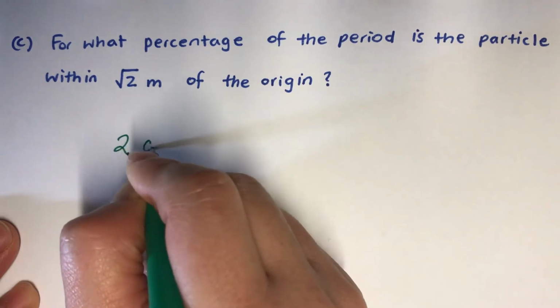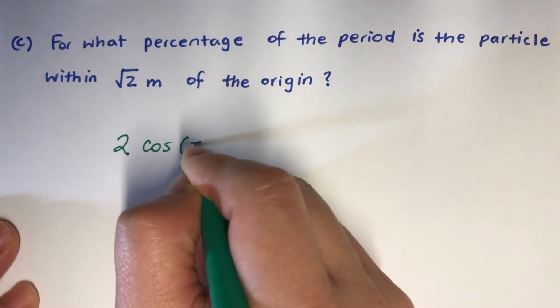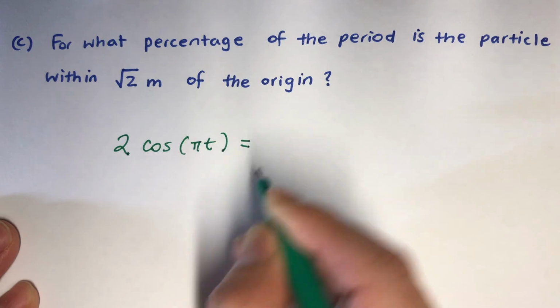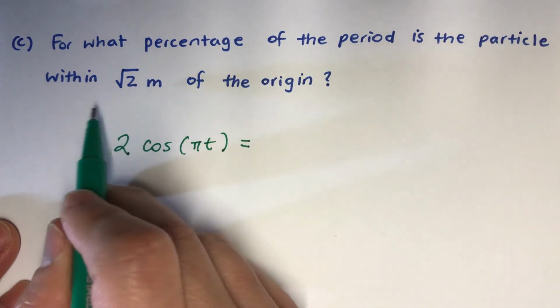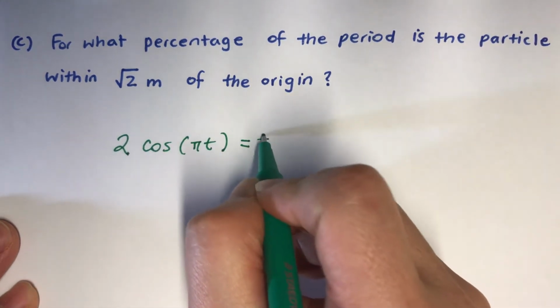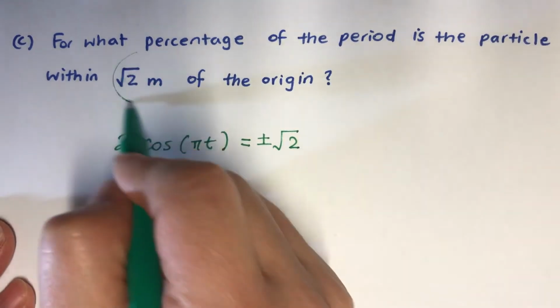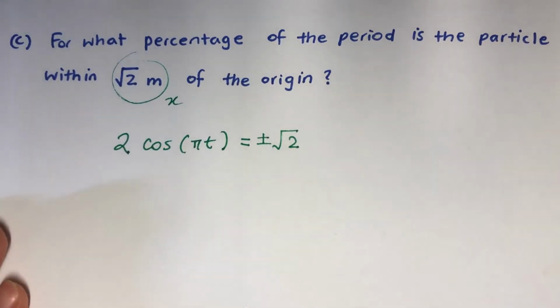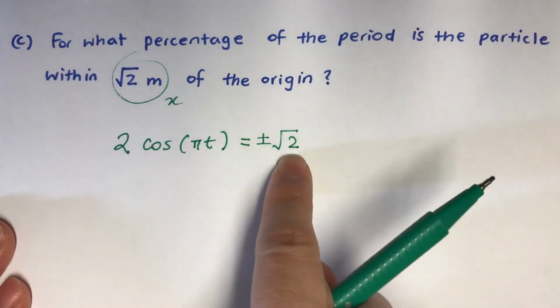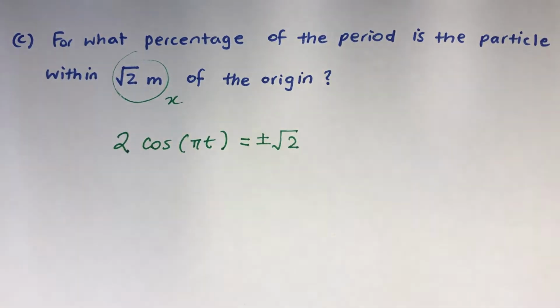We had 2 cos pi t equals, now it's going to be plus minus root 2, because that's what x is, in meters. So I'm going to just replace it. It's within, so it's positive and negative.